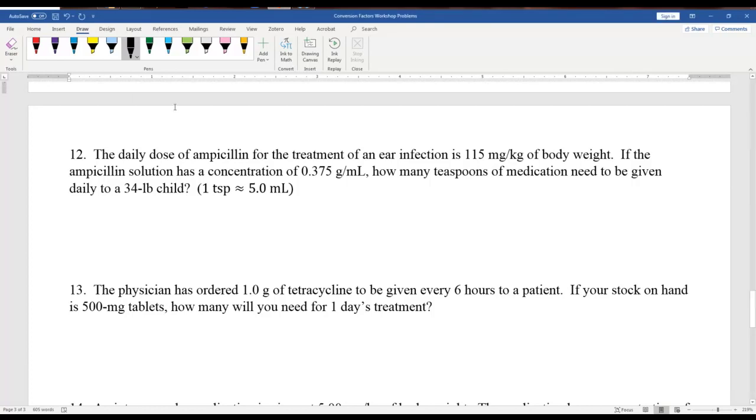All right, let's see. What did y'all start with? What number did y'all start with here? Oh, interesting.